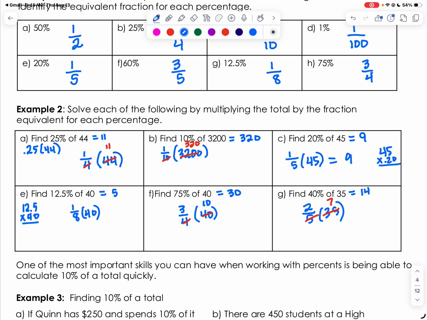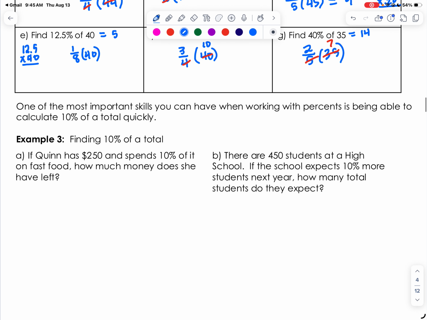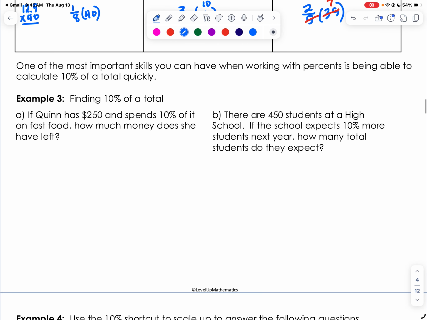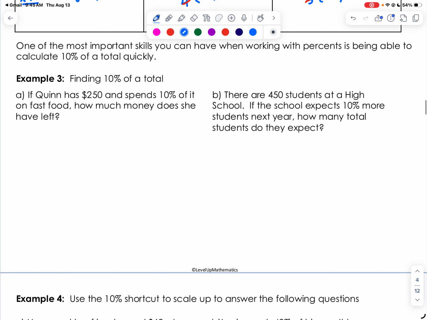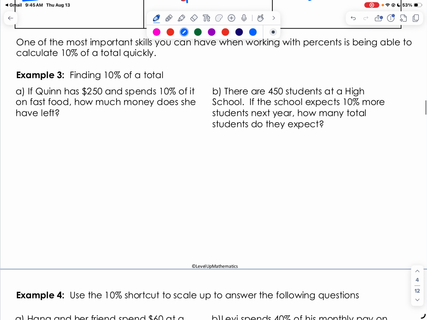Another way that we can estimate percents mentally is by knowing how to calculate 10% of something. So let's look at example 3. If Quinn has $250 and spends 10% of it on fast food, how much money does she have left?